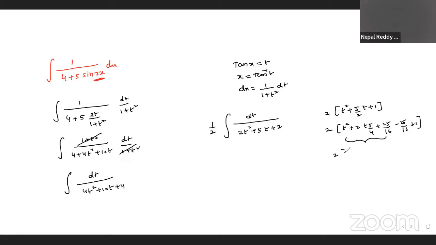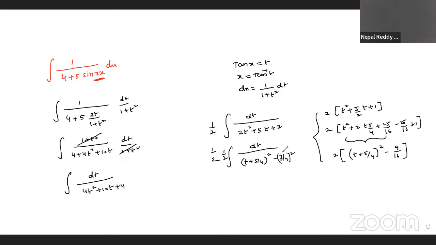These three terms form a perfect square, t plus 5 by 4 whole square. Next, it is minus 9 by 16. Therefore, 1 by 2 integral dt by this quadratic expression can be written as 1 by 2 outside, and t plus 5 by 4 whole square minus 3 by 4 whole square.